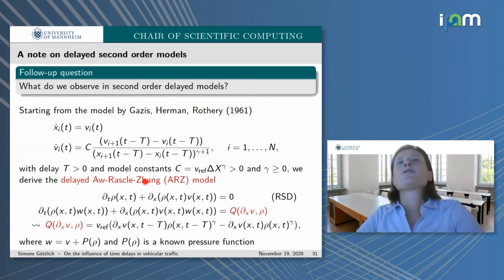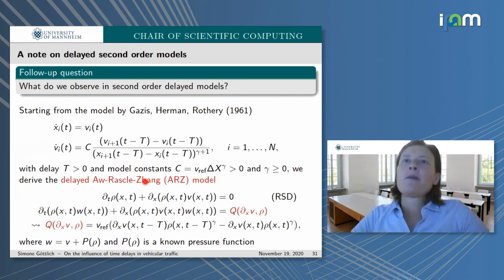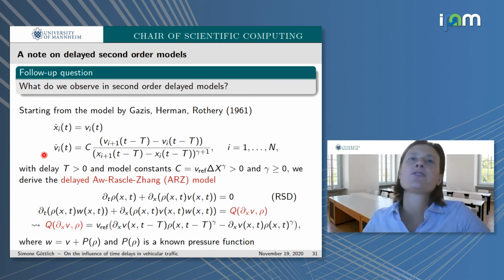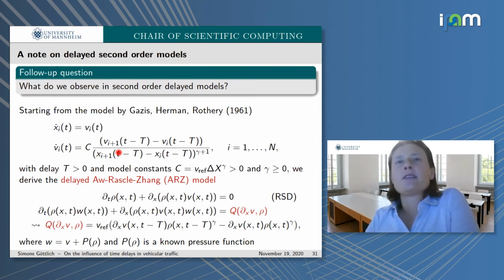So what do we observe in second-order delayed models? Starting now from the model by Gazis, Herman, and Rothery in the 60s, which is second order, meaning that we have one equation for the location of vehicles and one equation for the velocity of vehicles. And you see here, this is different to the one I presented before.